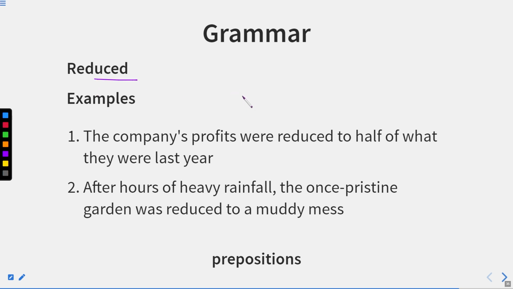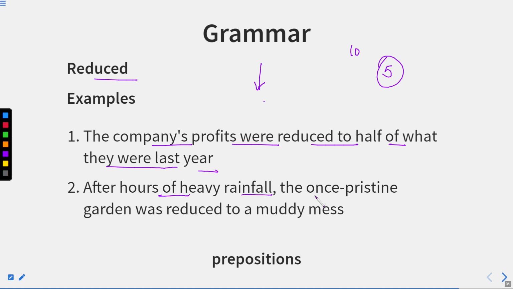Reduced to, when something has become of less importance, or reduced to means when something has become less in number, or less in size, or less in importance. The company's profits were reduced to half of what they were last year. It means if they were 10 last year, they are now reduced to 5 only. It means they are only 5 now.